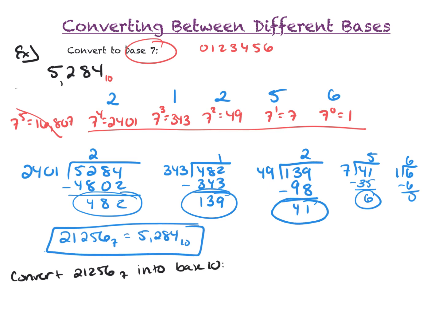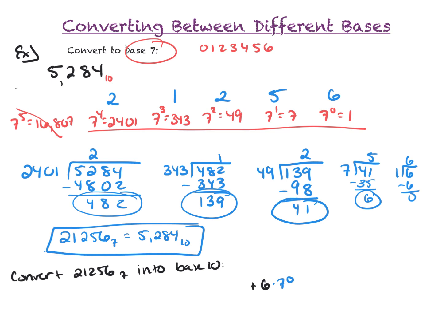Cool. Okay, so let's do that. And we should get 5,284. So here we go. I always start at the end, right here. So we've got 6 7 to the 0s.